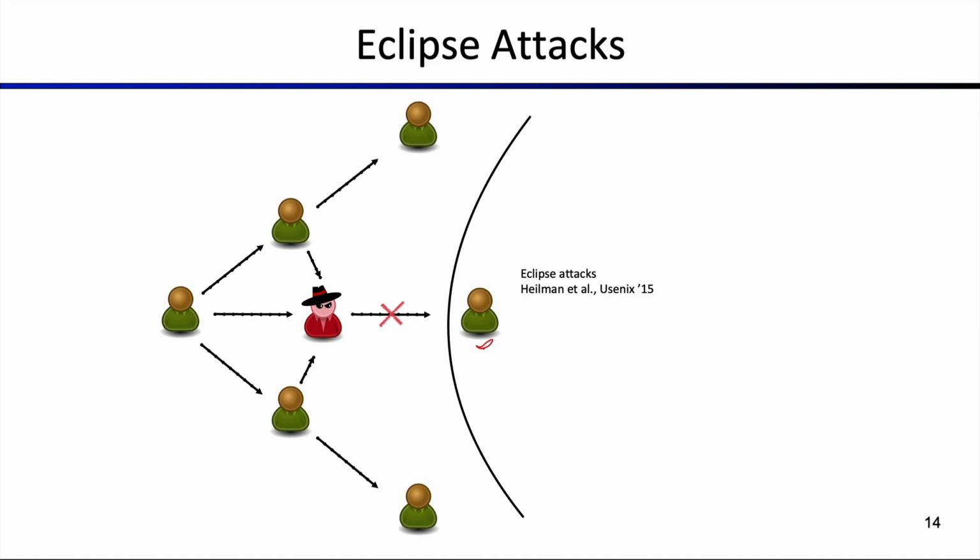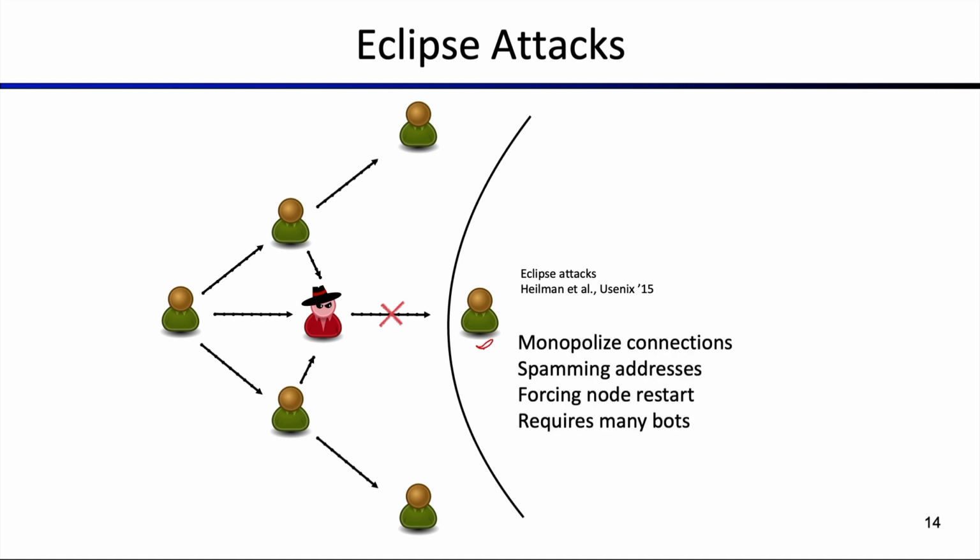Eclipse attacks in permissionless blockchains, in particular Bitcoin, were first introduced by Heilman et al. at USENIX in 2015, which was a seminal paper that describes Eclipse attacks in general. But to carry out this attack, there were a lot of requirements. The adversary had to monopolize all the connections, as is the case here, so our victim is only connected to one node, which is, bad luck, an adversary.